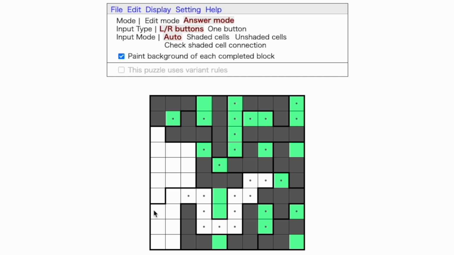Let me rephrase that. What was preventing these from being filled in? This one, because it would make a 2 by 2 here. This one, because it would make a 2 by 2 here. This one would have made a 2 by 2 over here. So if we expand this left side, this is now back in contention. So we do have to be a little careful about that.